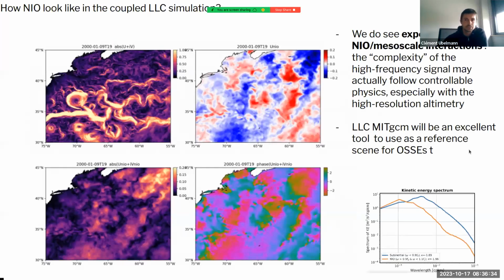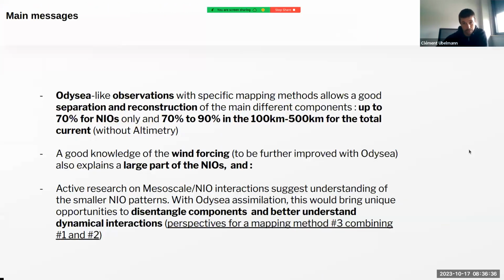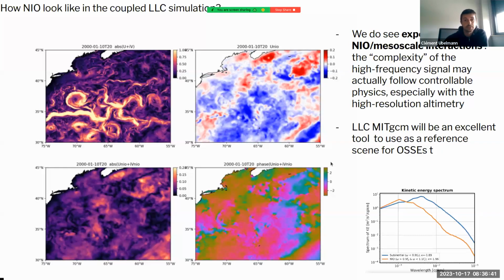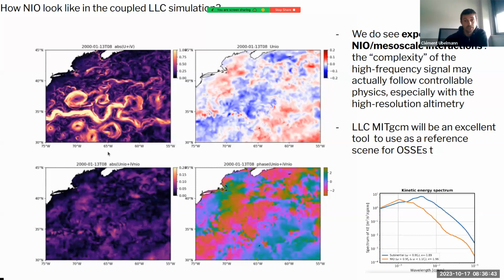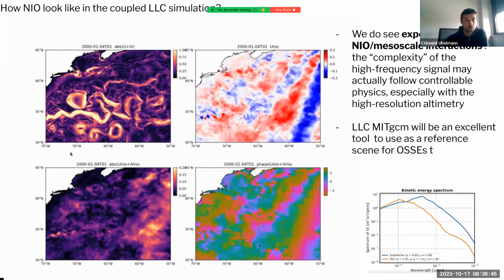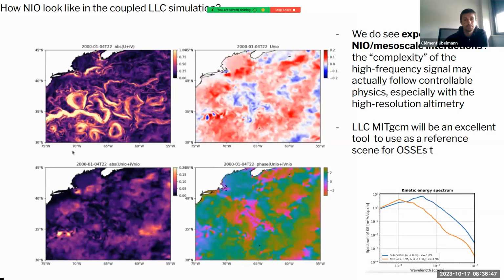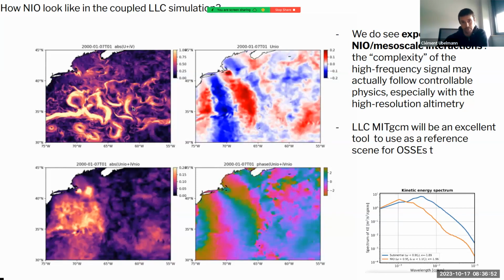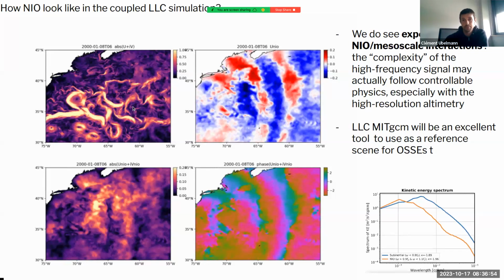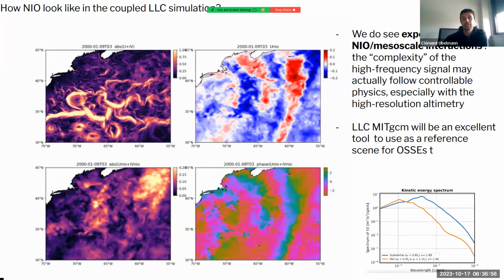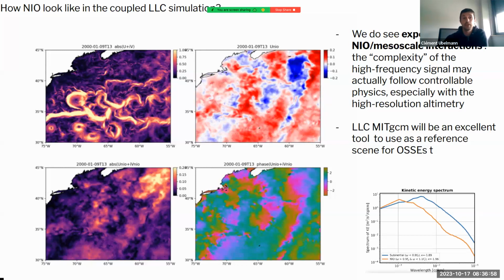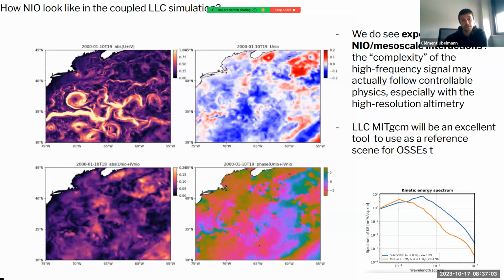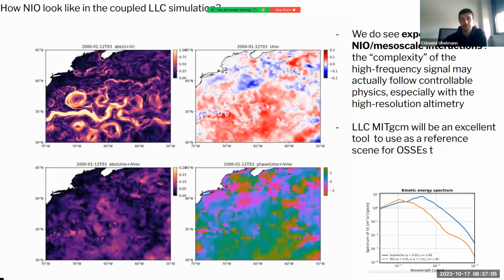So I think that's a really great perspective, and we can have a lot of confidence that this research field should be very promising to understand NIO and mesoscales and even resolve the whole system of interaction in presence of ODC observation: the observed wind by ODC, the observed total surface current, and also the low frequency eddies that are seen either by ODC and also altimetry.